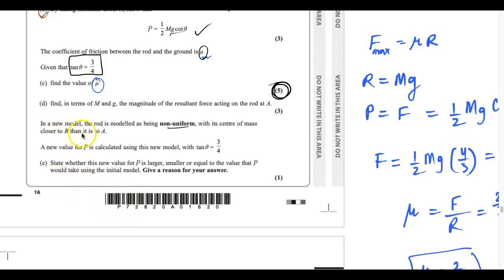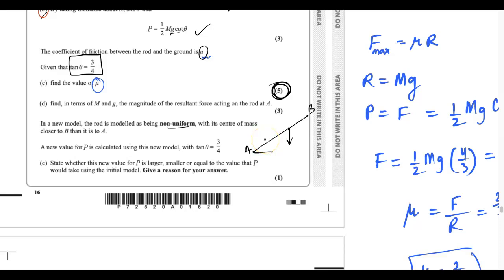And over here we have a new model, and the rod is non-uniform this time. Non-uniform means the center of mass is not going to be at the center. Non-uniform with its center of mass closer to P than it is to A. So say for example, this is A and that is B. If it is closer to B, that means there are more chances for slipping.